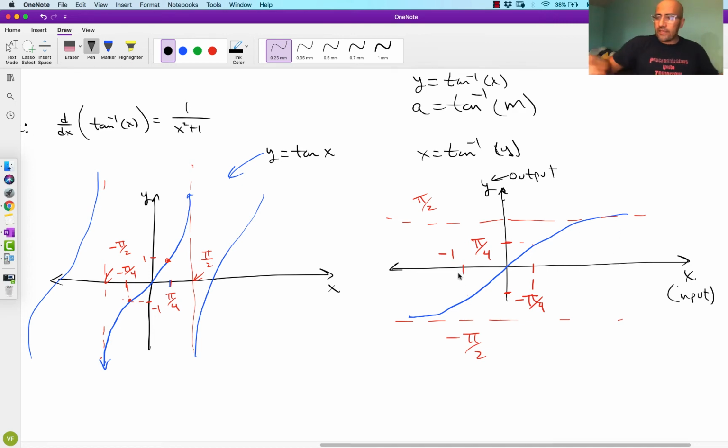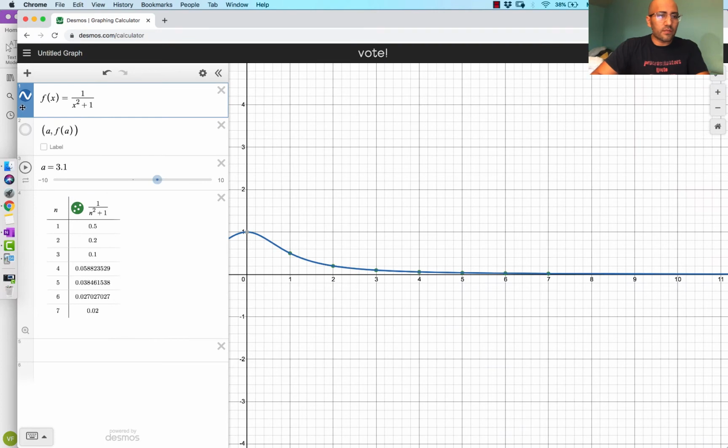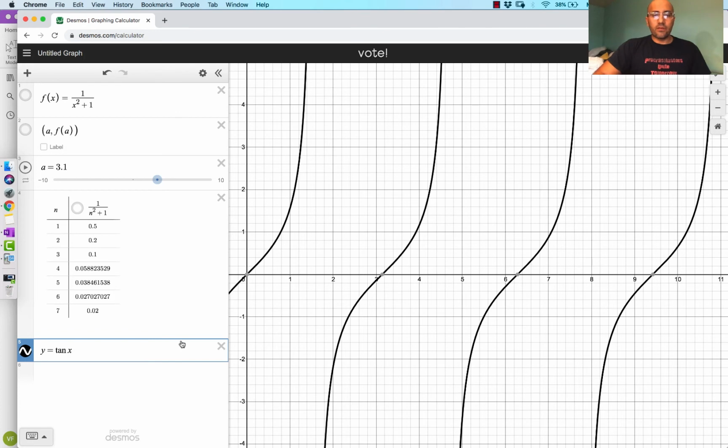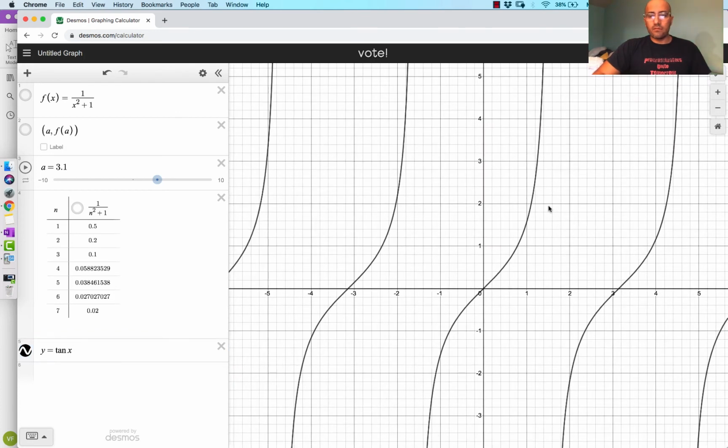Okay, so it looks like this, and I know I did a terrible job, so let's see what it would look like with Desmos. Desmos might do a better job. So y equals tangent x. They look like that. Typically we only focus on this one.